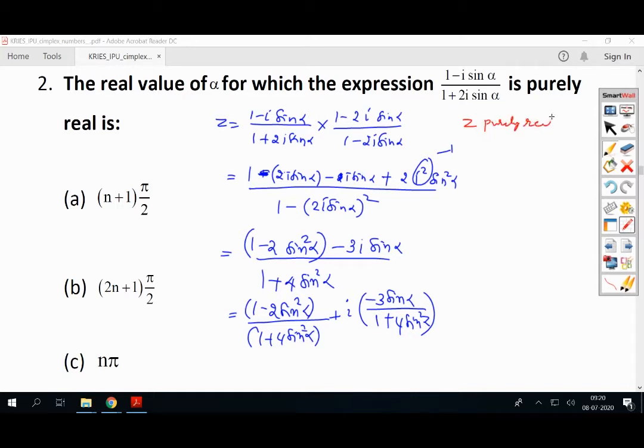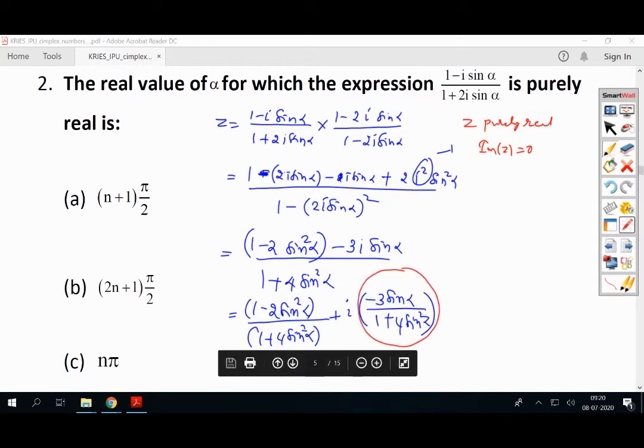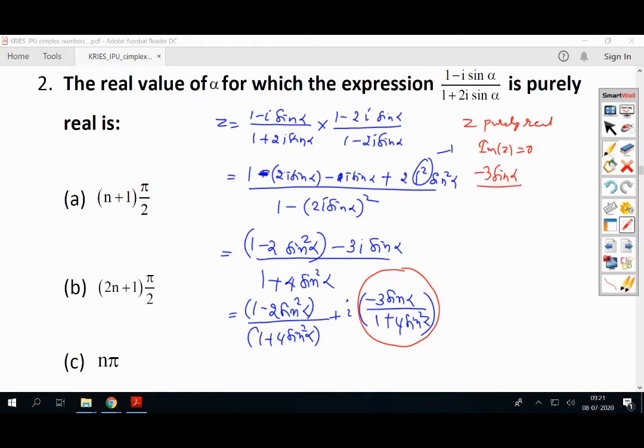The imaginary part is minus 3 sin alpha divided by 1 plus 4 sin squared alpha, equal to 0. On simplification, minus 3 sin alpha is equal to 0. From this you get sin alpha is equal to 0, but we must write the general solution. Here alpha is equal to 0.